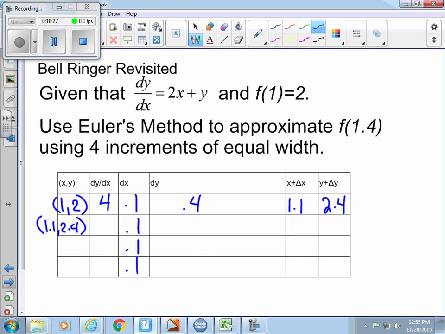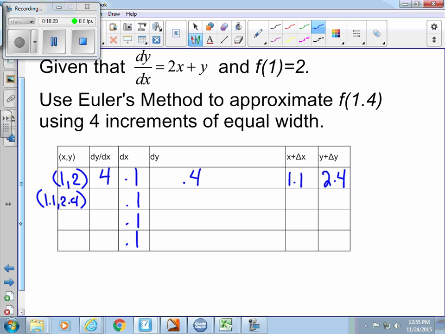So, that's my new point. And I'm going to find dy/dx at that new point, which we found on the bell ringer. What was it? 4.6. We're going to multiply 4.6 times 0.1, which is 0.46. x plus delta x is 1.2. y plus delta y is 2.86.